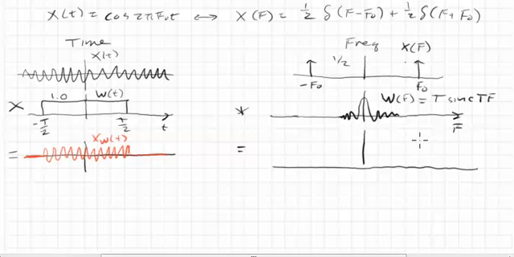So we're going to have a sinc function at f naught and at minus f naught. So this is the spectrum that we actually observe when we do the Fourier analysis.